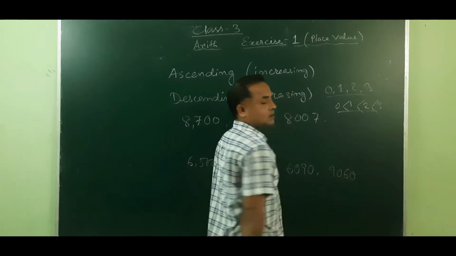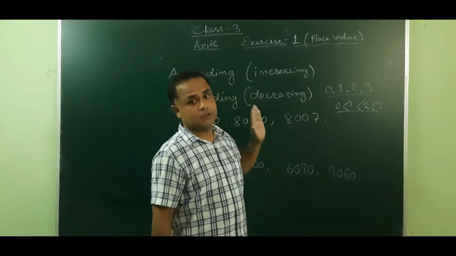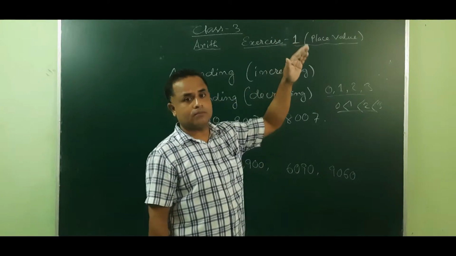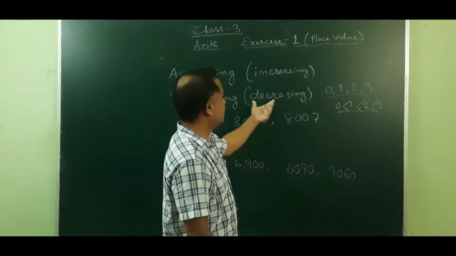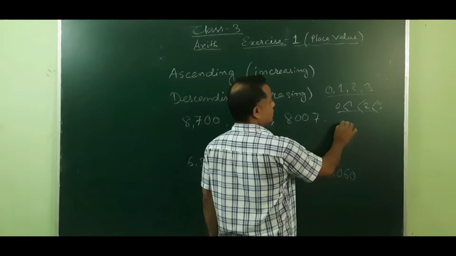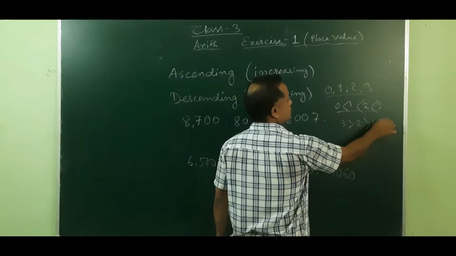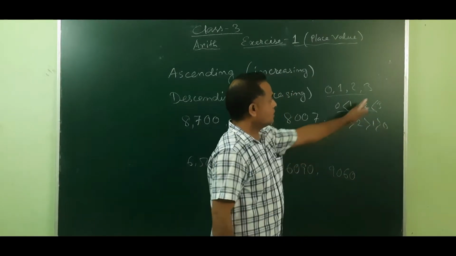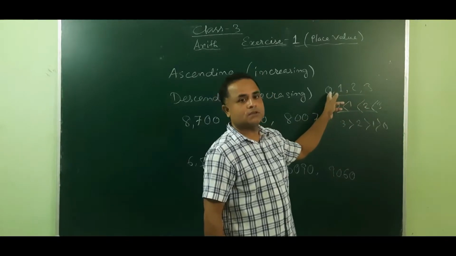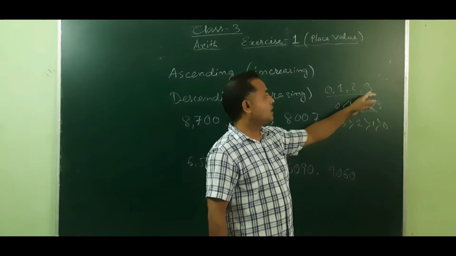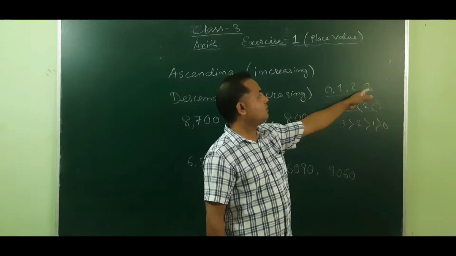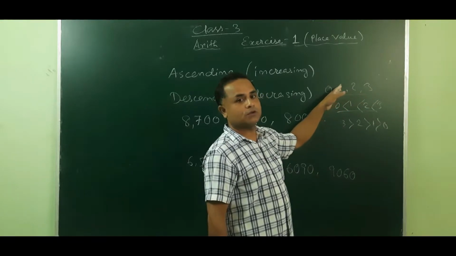This is increase, ascending order. Ascending is to climb up. Descending is to come down, decreasing. In descending, what will come? 3, 2, 1, 0. That means descending is the reverse of ascending. From 3 you come down to 2, from 2 you come down to 1, and 0.